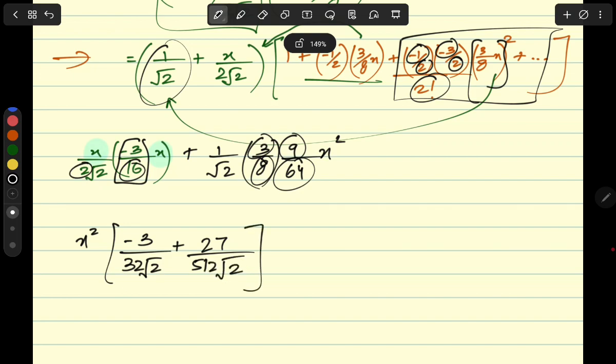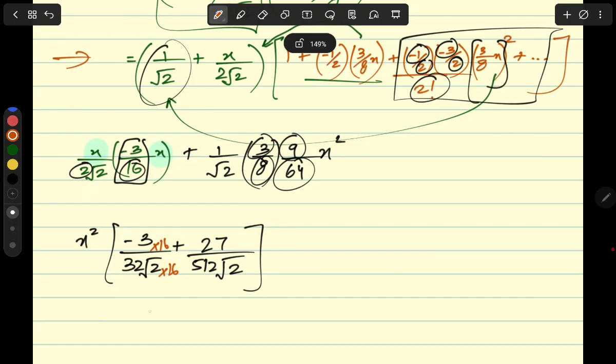Now you can put it in the calculator. I can see that I can multiply and divide the first term by 16.